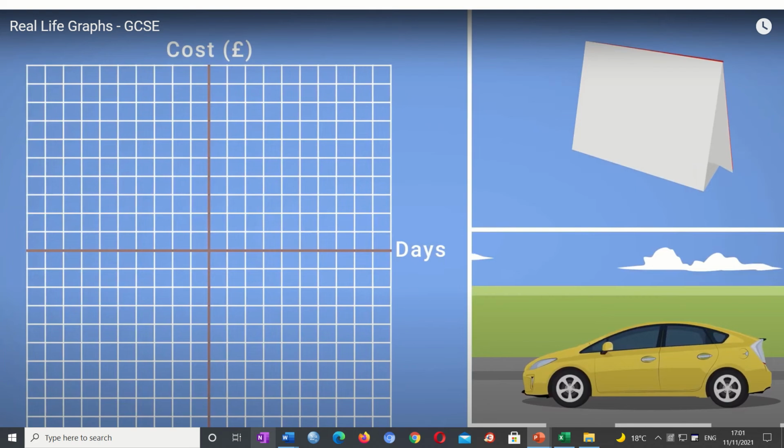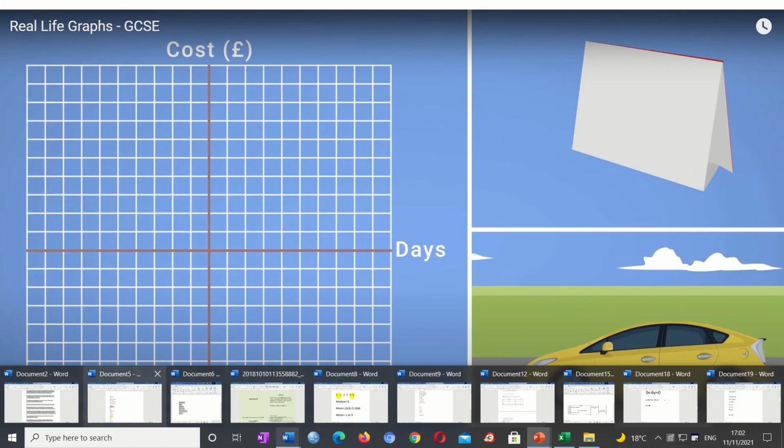If we are going to hire a car, we have to calculate the amount of money in our pocket, and take into consideration how many days we can hire that car. This is 1 day, this is the cost, and the second day, so it increases. As days increase, cost increases. And we can express all these in graphs, for simplifying it, like the emotions that I have shown you.